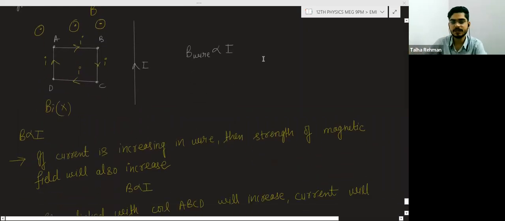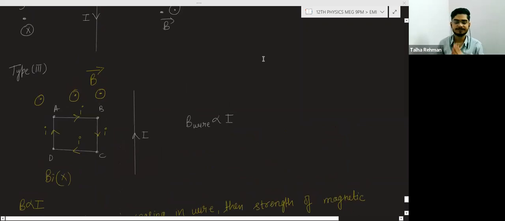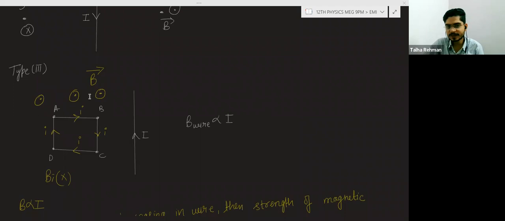I am giving the explanation why the current will be anti-clockwise. As the current is decreasing in this wire, the magnetic field will decrease, and due to the decrease in magnetic field, the flux linked with this coil will decrease.